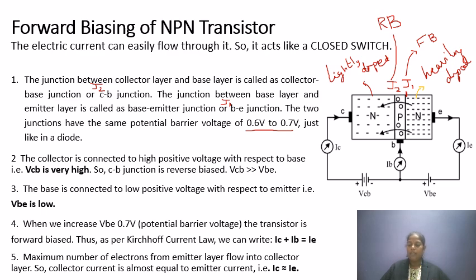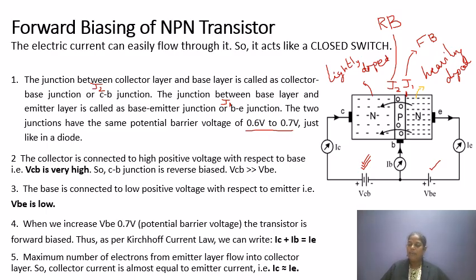From the figure, we can see the voltage is very, very high. But coming to this one, the voltage is very low. We are applying a potential difference on both sides. At the collector, we want to collect all the outputs, so it has a high output voltage.